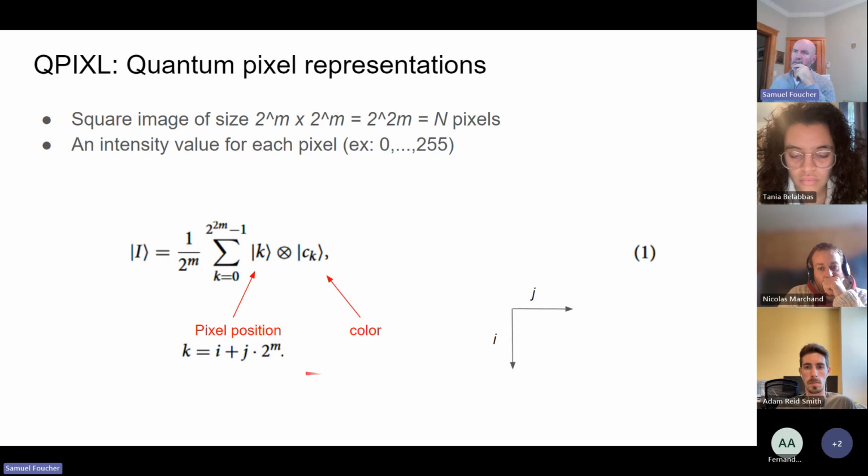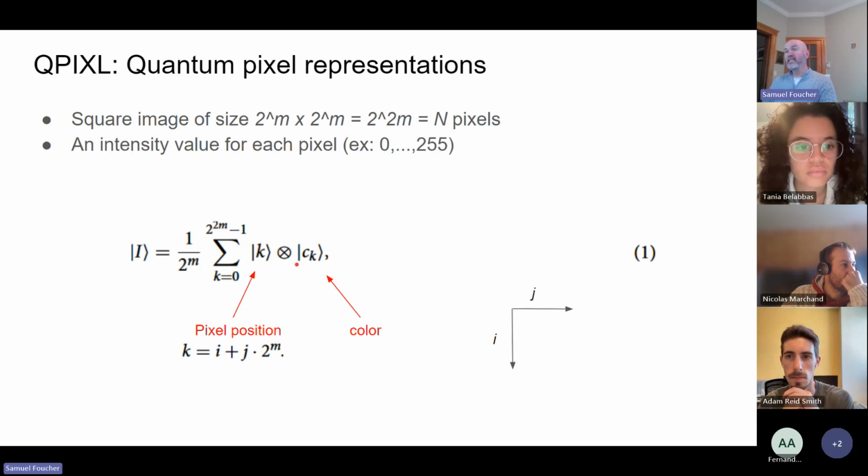This is K, the position of the pixel in the image. And you also have the value, the grayscale value for a given pixel K. The 2 pieces of information are entangled with a Kronecker product here.